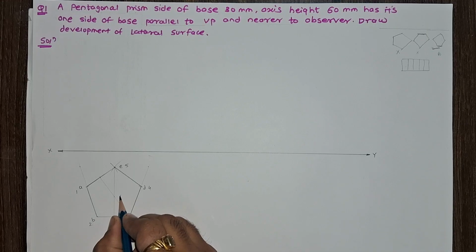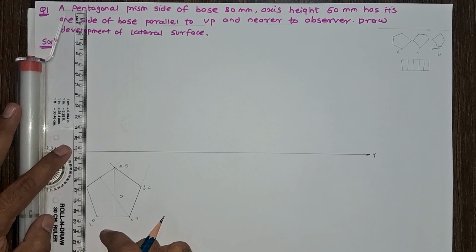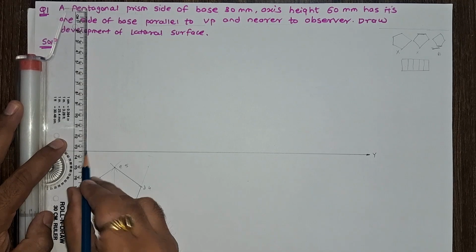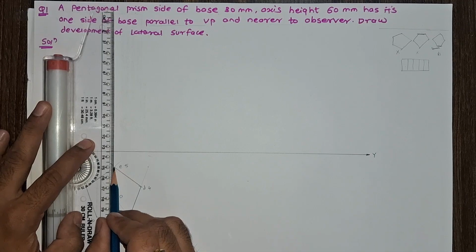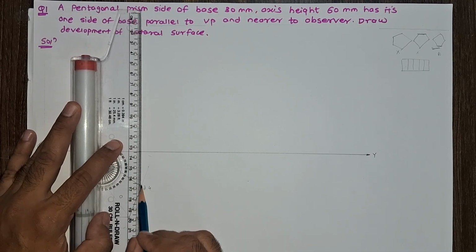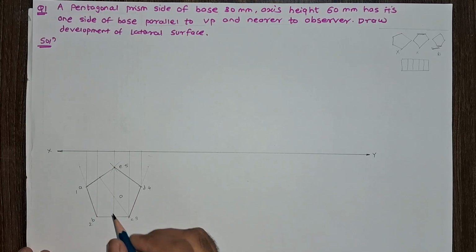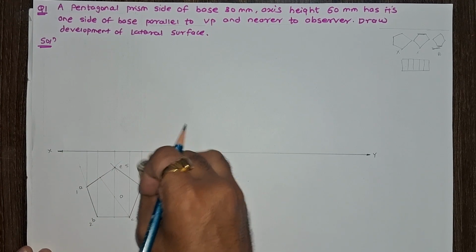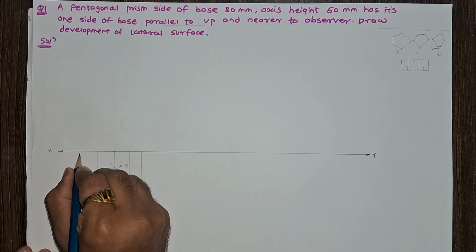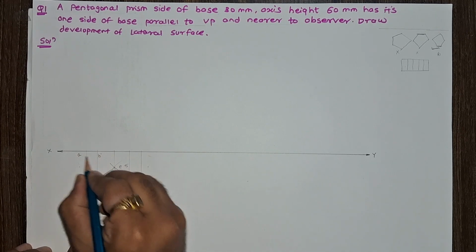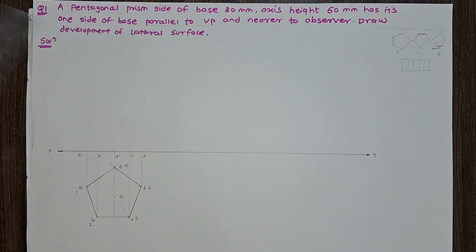So here we get a point O. This is the center line. Now project all these points on the XY axis by using thin lines. Give the naming. We know that bottom plane naming is A to E and top plane naming is 1 to 5. So this is the bottom plane, pentagonal plane. So this is A dash, B dash, C dash, D dash and E dash.